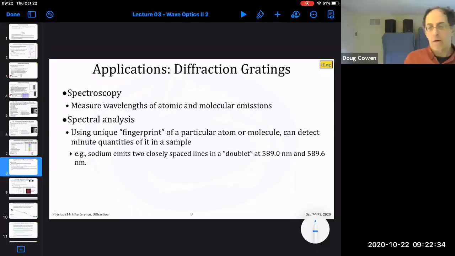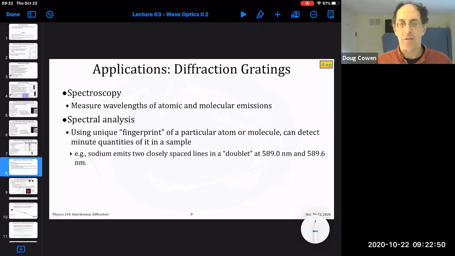And so you can, in principle, detect really small quantities of materials in large amounts of other materials by looking for the particular light pattern fingerprint of the material you're interested in.